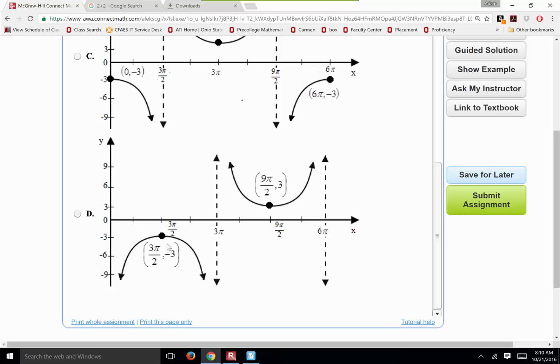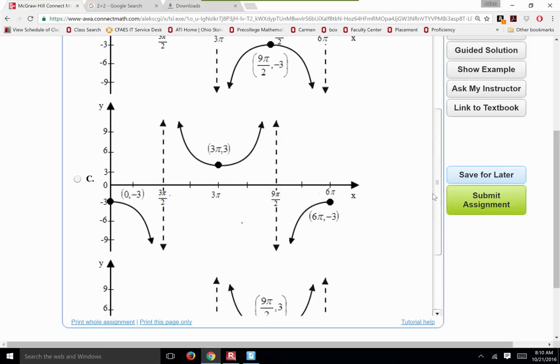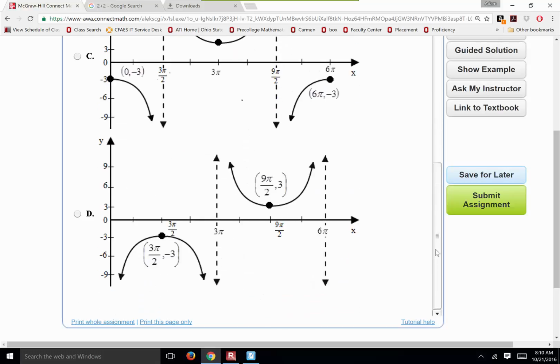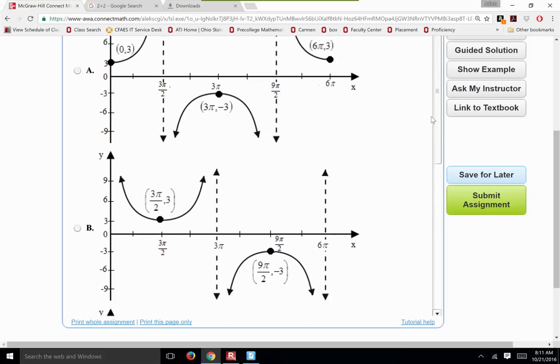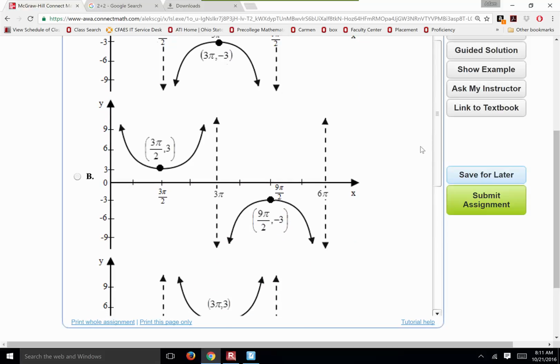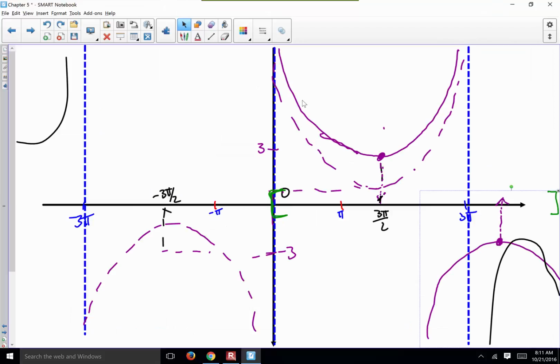Maximum value here will be at -3. I have a feeling it's part D, right? No? What's wrong? Which one? Yeah. The correct picture is B.